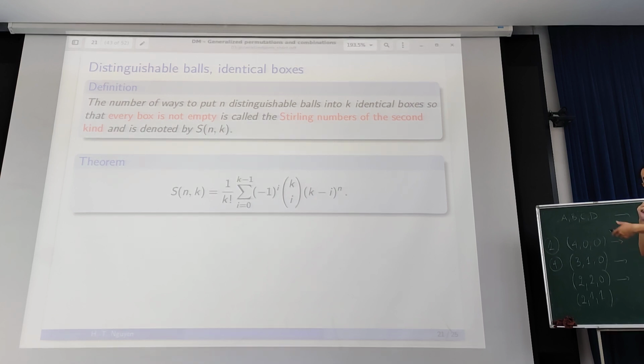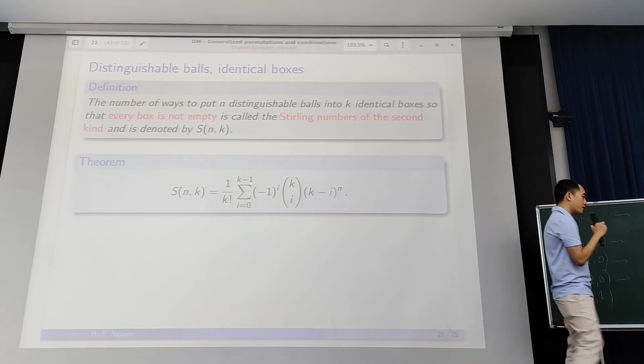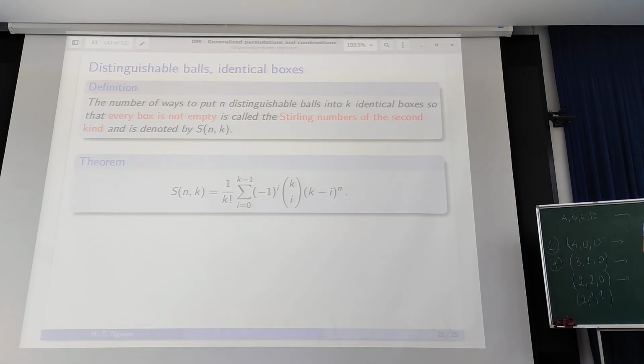This formula can be proven, but we will need more advanced knowledge. We will see at the end of the first part of counting that we will be able to prove this formula. But for now, we will admit it. For formulas like this, it's good if you memorize them by heart, but if you don't, that is also okay because you have access to documents and notes during exams.